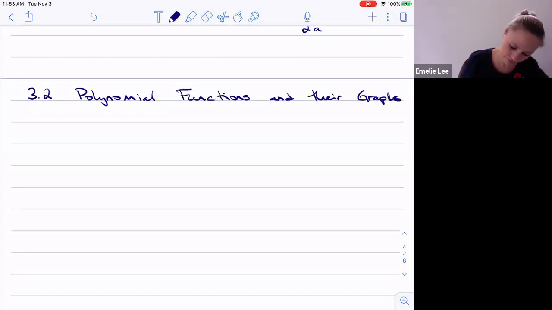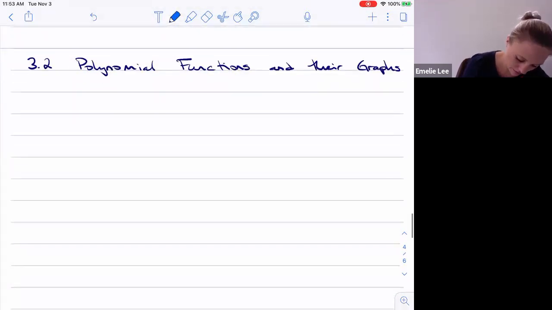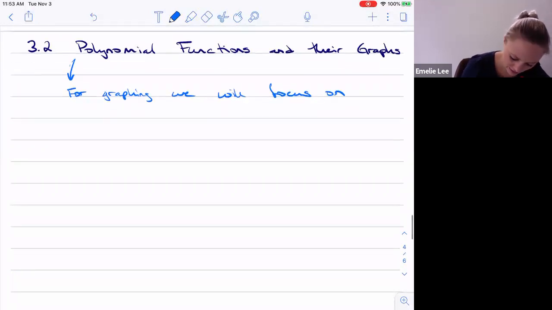For graphing, we will focus on 3.1, which is what we just did, right? Quadratics.